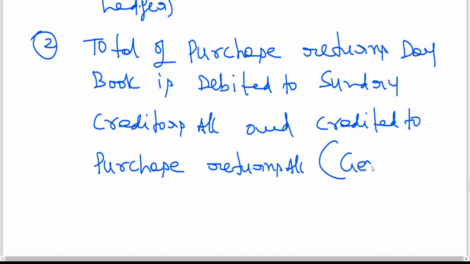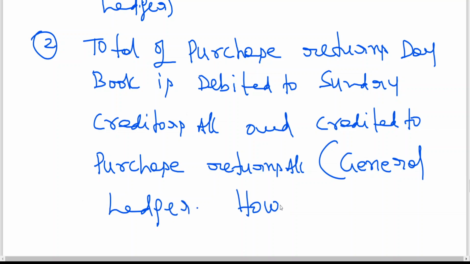What is the name of the ledger? In general ledger.